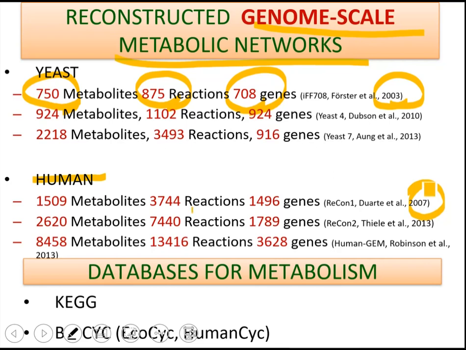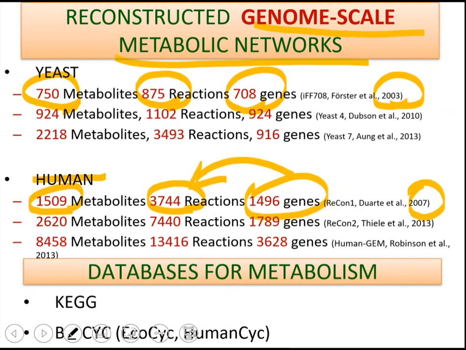It included about 4,000 reactions between 1,500 metabolites, and those reactions were controlled by about 1,500 genes. And the most recent human genome-scale metabolic network was published this year. This is 2020. There's a mistake there. And this recent model includes 13,000 reactions between 8,000 metabolites, and the reactions are controlled by about 4,000 genes.